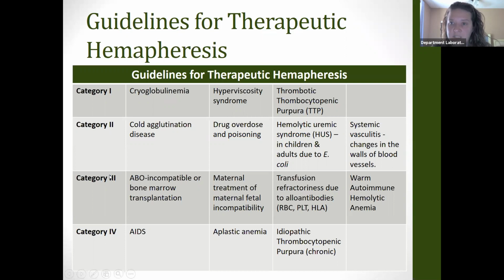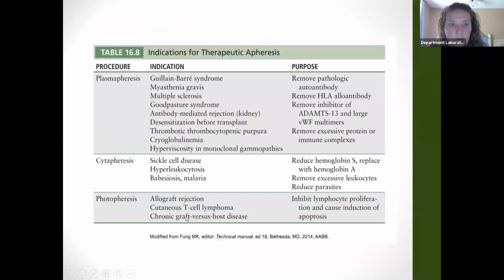So if they wanted to reduce the amount of that drug that's in the patient's circulation, plasmapheresis would be indicated then. So here's some other indications for therapeutic apheresis.